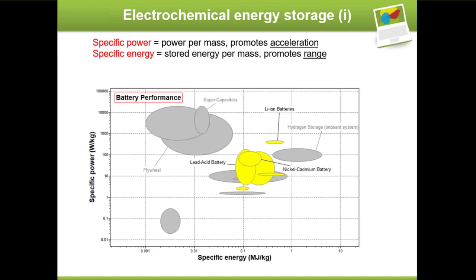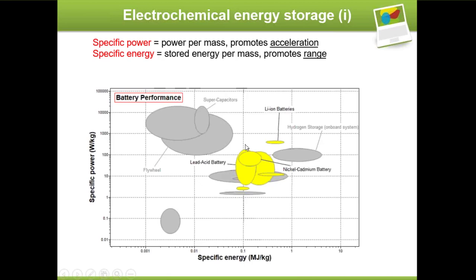And you can see we've created this chart here using the energy storage data table in the Sustainable Development Database. The lead acid battery is here, nickel cadmium is here, and lithium-ion batteries perform very well on both of these criteria.